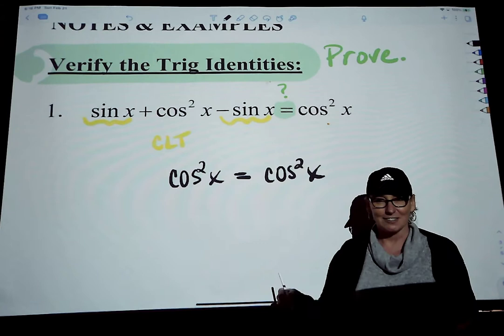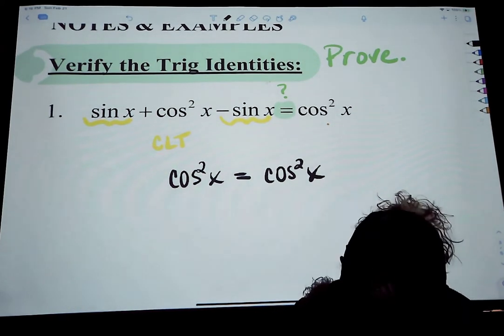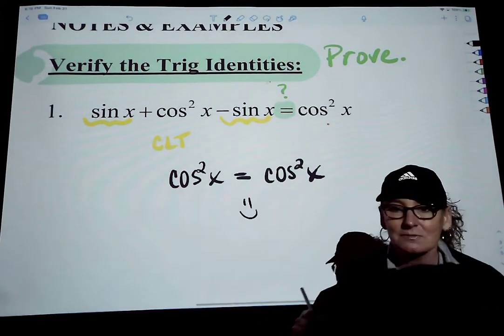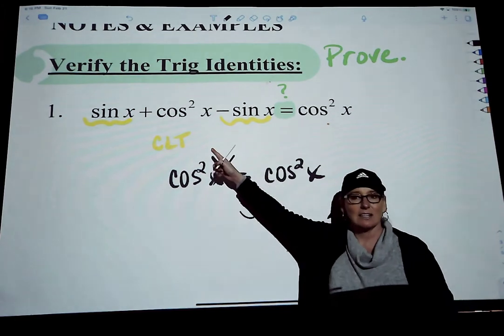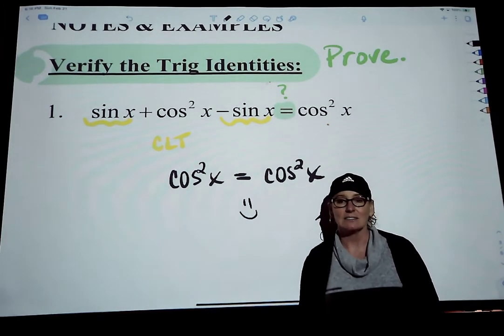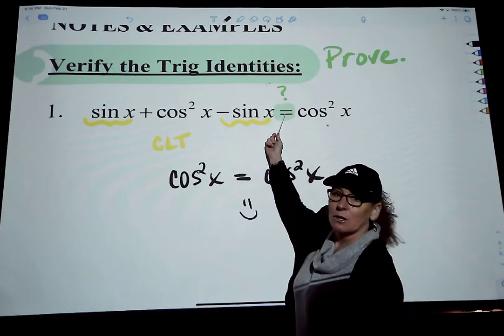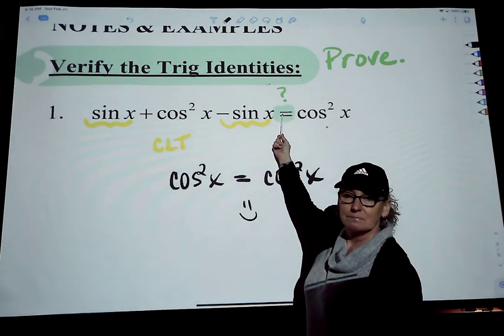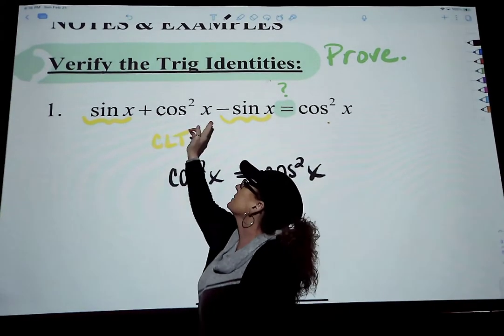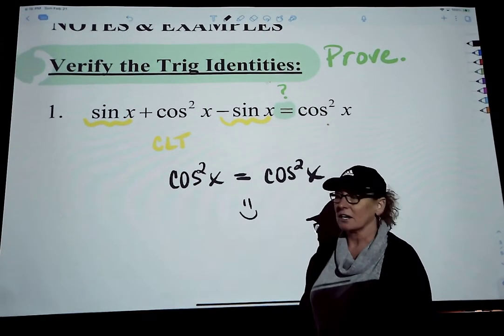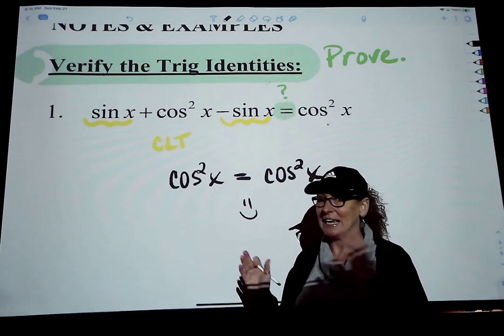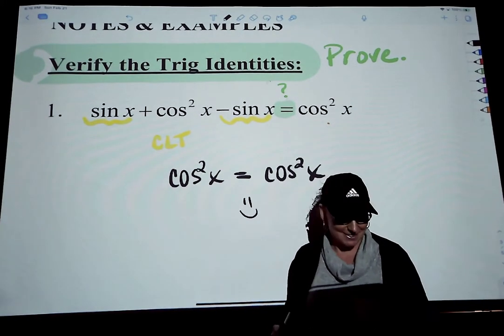Why, yes it does. We just proved that that's an identity. Yes, they're equal. How did I prove it? I just collected my two terms on the left-hand side. Now, that's the easiest one you'll ever do. I don't think any of them are going to be that easy again.